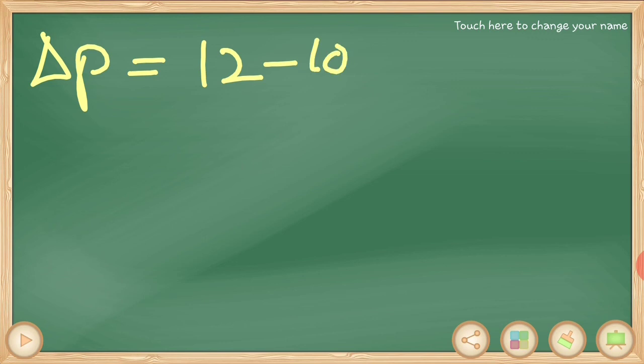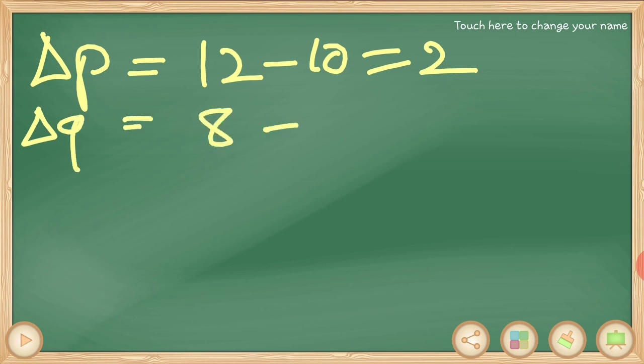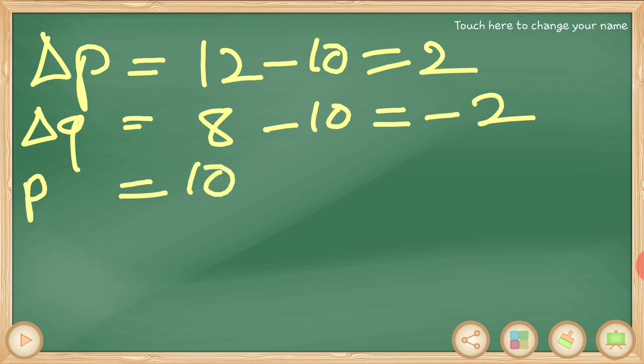See here, change in price is equal to what? 12 minus 10 is equal to 2. Change in Q is equal to what? 8 minus 10. What is the answer? Minus 2. So, what does P stand for? 10. What does Q stand for? 10. Then try to solve the formula.